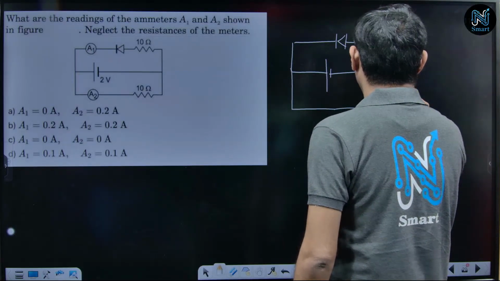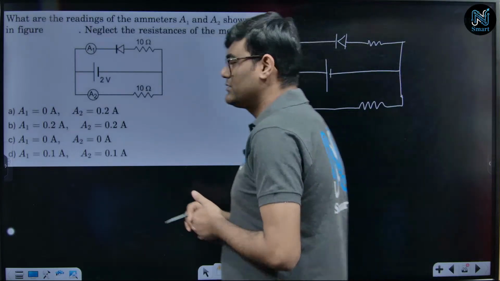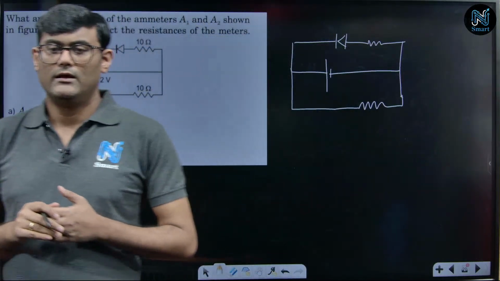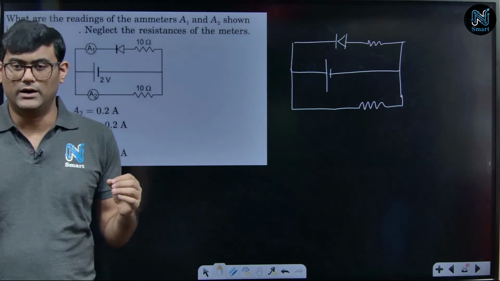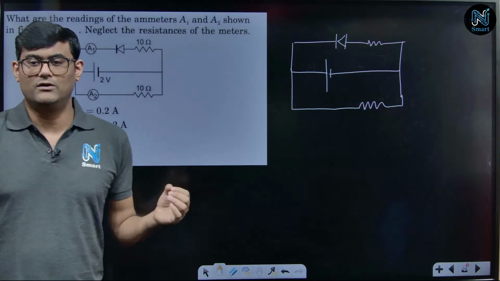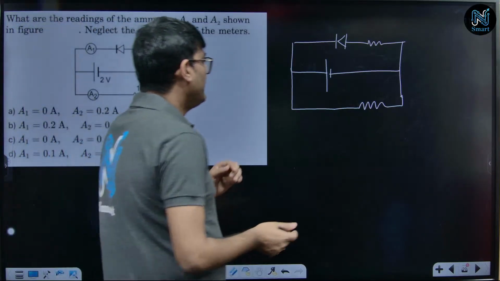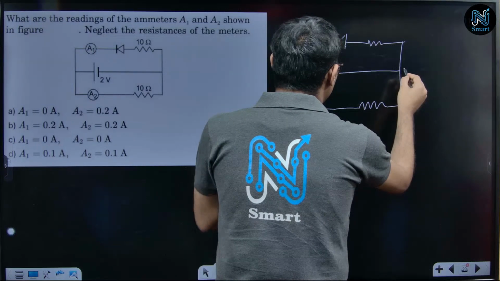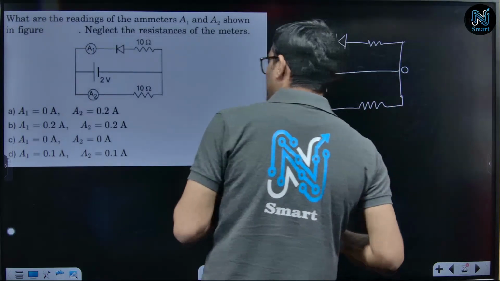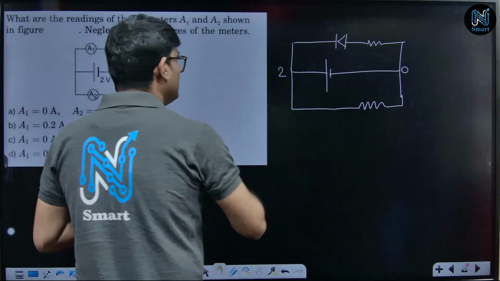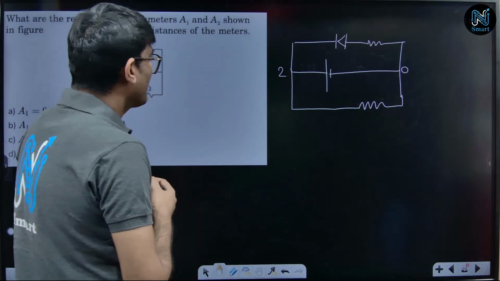Now, if you think of this circuit like a simple electrical network that we have already solved many times in the chapter of current electricity, then you can see that I can assume this node having 0 potential and this node having a potential of 2 volt, right?